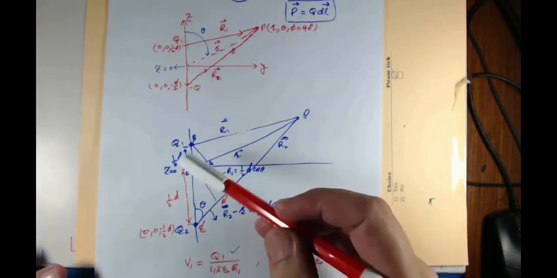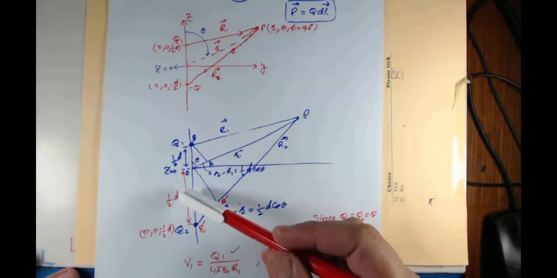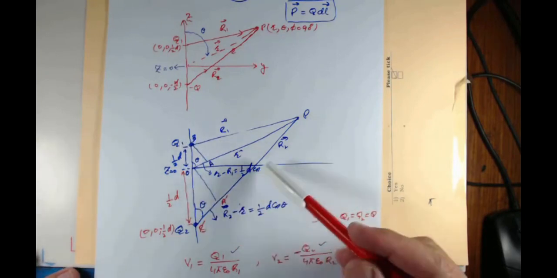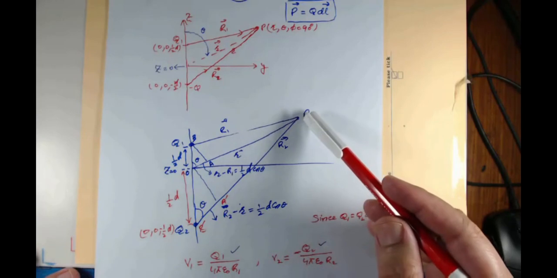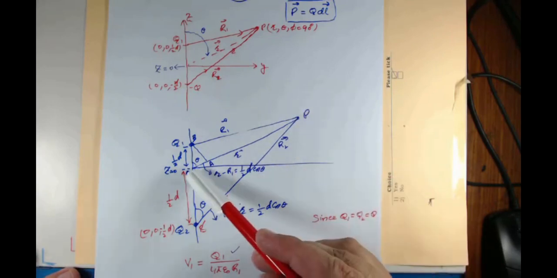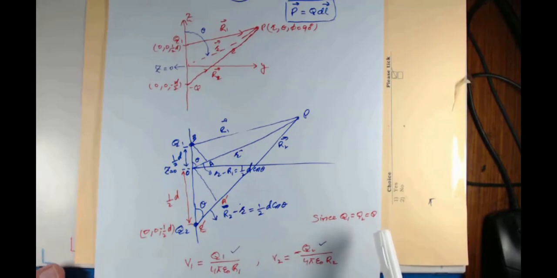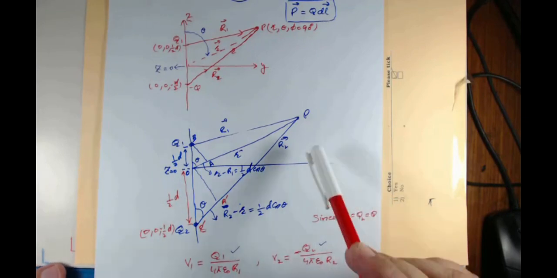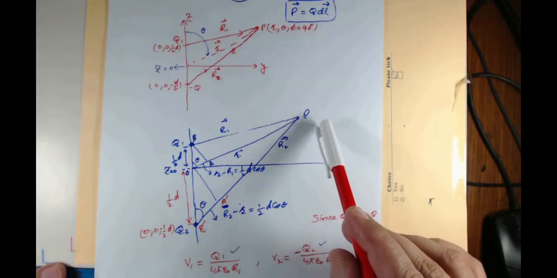And the separation between the two charges is very, very small as compared to the distance of point P from the z equal to 0 plane. So it will be very easy to first define the potential.